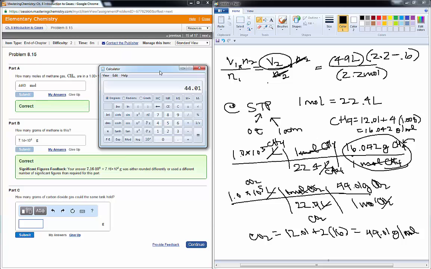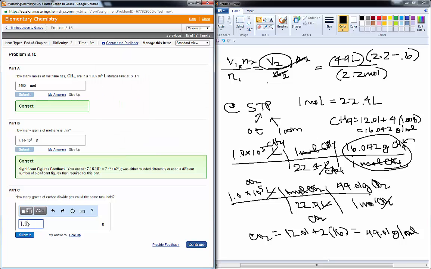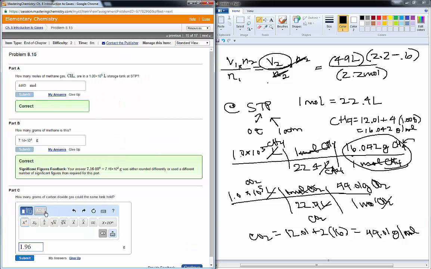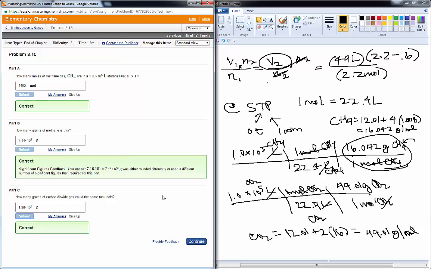We see 1 times 10 to the 5th divided by 22.4 liters in a mole, multiplied by 44.01 grams in a mole, and that's going to hold a lot more. That's going to hold 1.96 times 10 to the 5th grams of carbon dioxide.